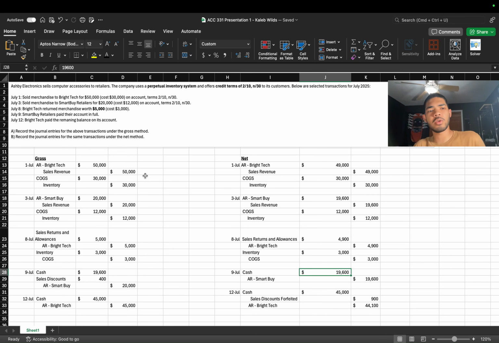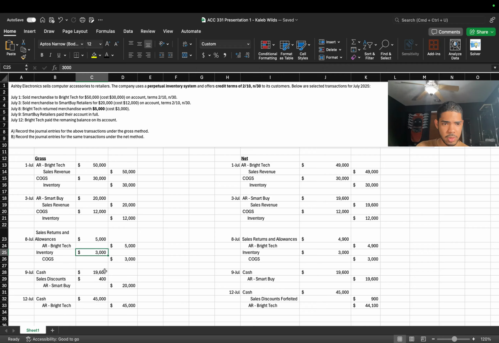So under the gross approach, your initial revenues are going to be higher. So here we see they had a sales revenue of 50,000 and 20,000, but under the net it was 49,000 and 19,600. However, under the gross approach, you have to discount or take back some of that revenue with the contra revenue accounts of returns and allowances and sales discounts later on.